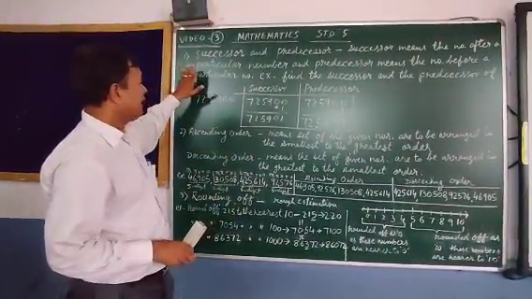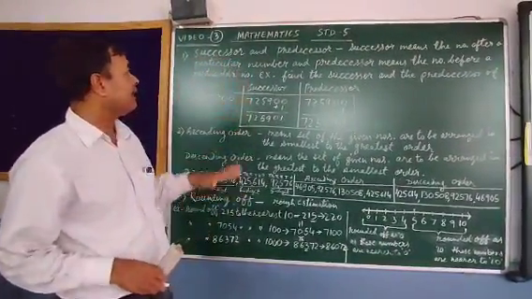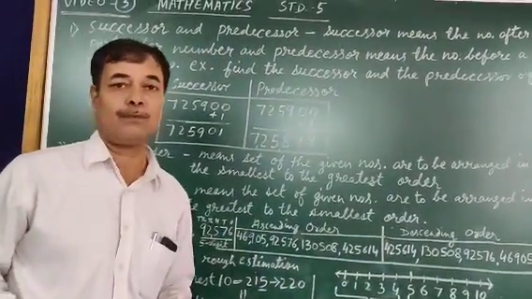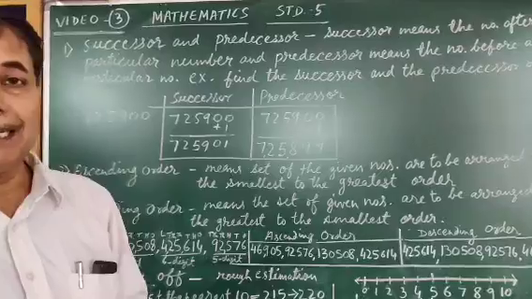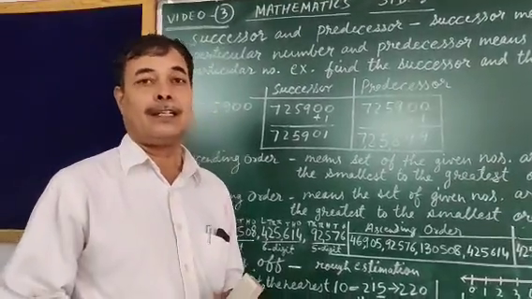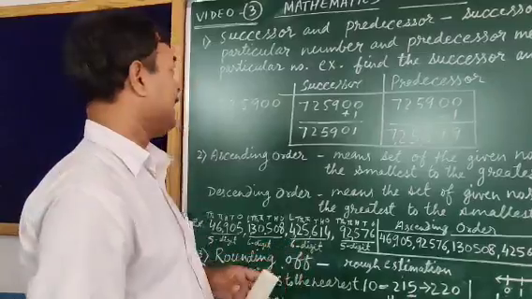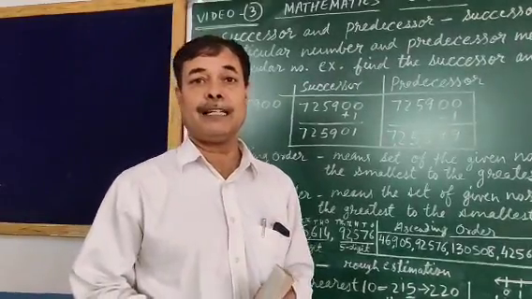Children, let us start with today's first topic, that is successor and predecessor. Successor and predecessor is not a new topic for you. You have studied successor and predecessor in your previous classes also.